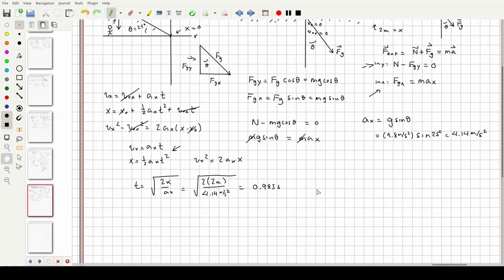Now, the last thing we want to find is how fast it's going. I would probably use this equation to do that, since we have everything that we need. We don't have to plug in something that we've explicitly calculated, with the exception of the acceleration. So here, Vx would equal the square root of 2 times a sub x times x, or the square root of 2 times 4.14 meters per second squared times 2 meters.